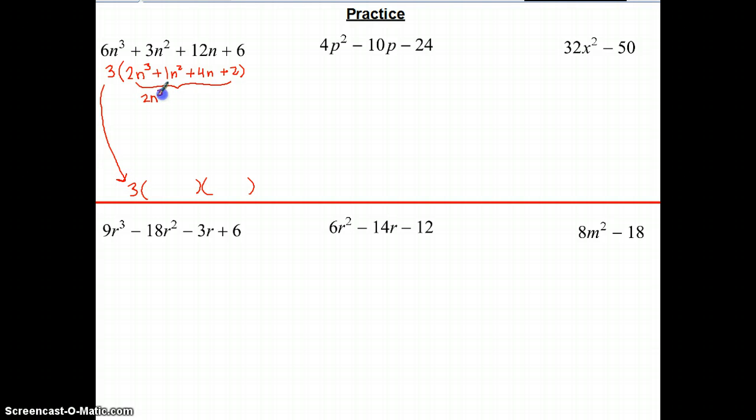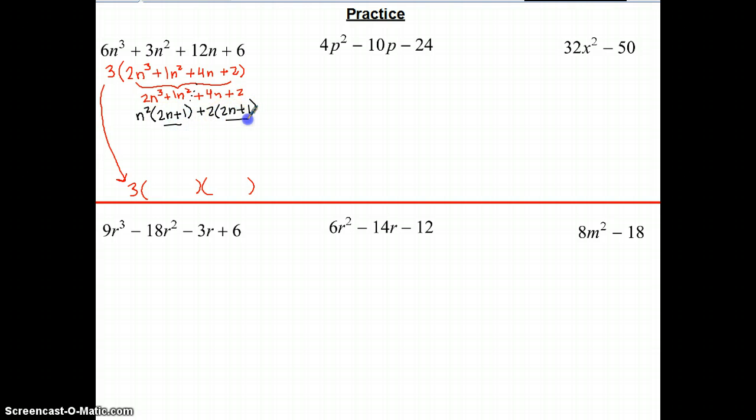Focusing on this polynomial inside parentheses, I am going to first factor by grouping by splitting the polynomial into 2 parts. Looking at the left part of this polynomial, I see a greatest common factor of n squared. When I factor that out, I'm left with 2n plus 1. On the right, I'm going to take out a positive 2, leaving me with 2n plus 1.